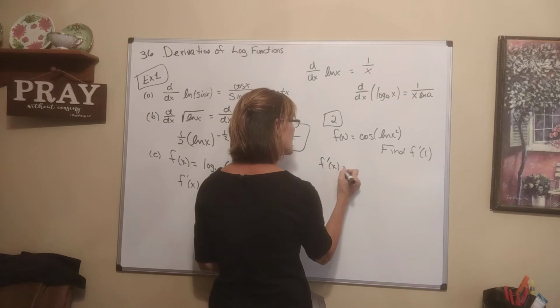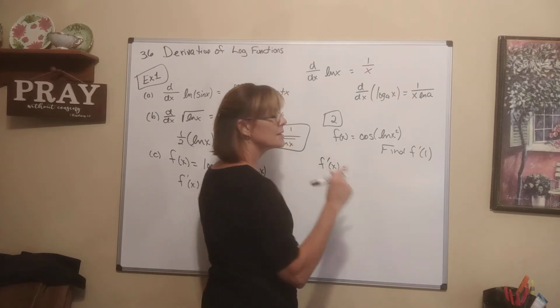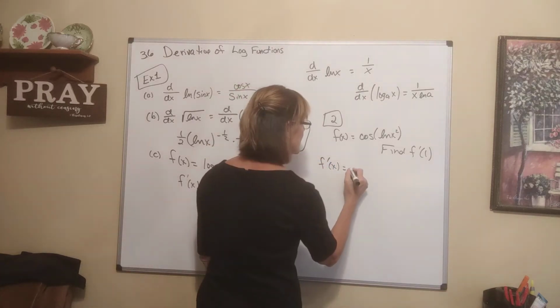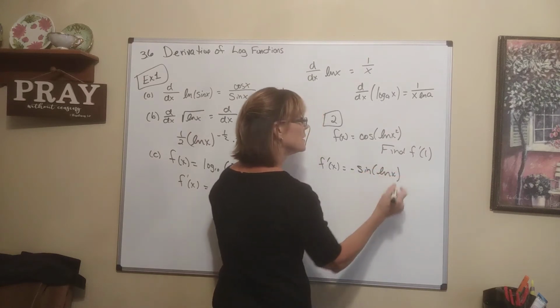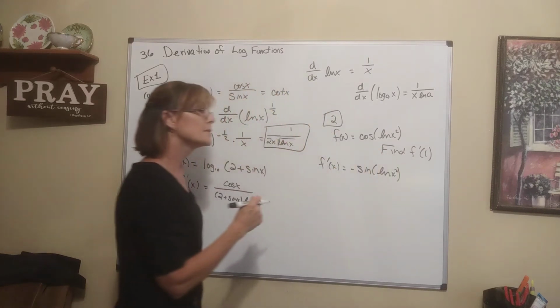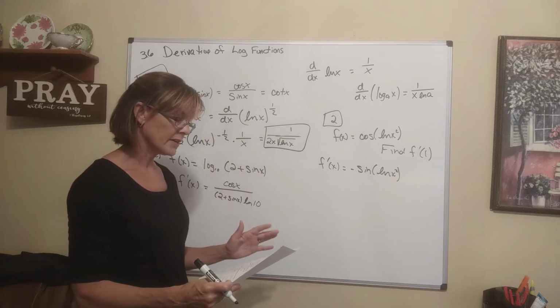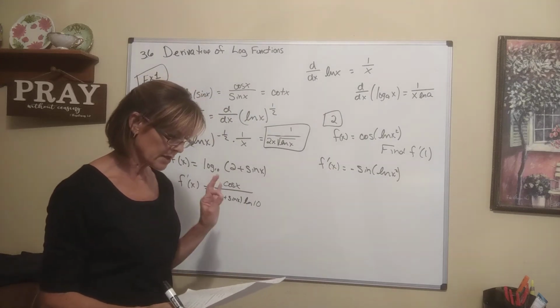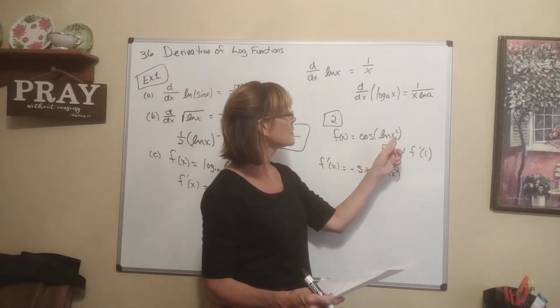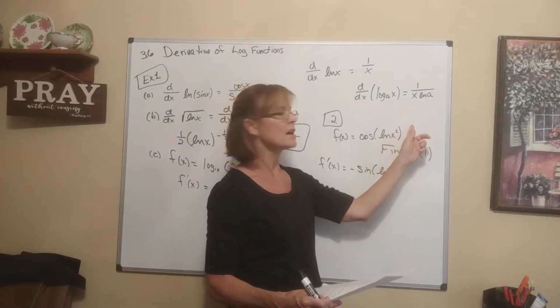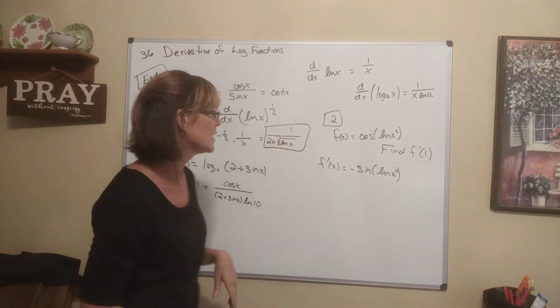Derivative of cosine is negative sine. So it's going to be negative sine of this function times the derivative of that function. Let me just make sure I'm writing this down correctly. Yes, it's just x squared. I wanted to make sure the squared was on the x and not on the whole thing. It's on the x, so that's fine.